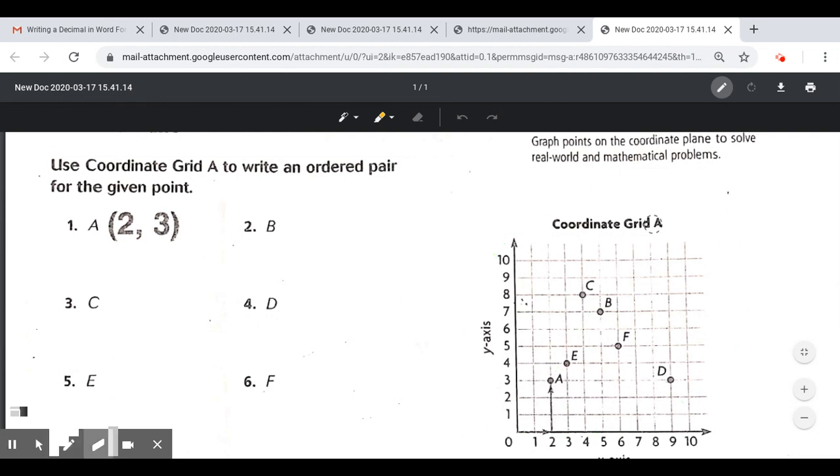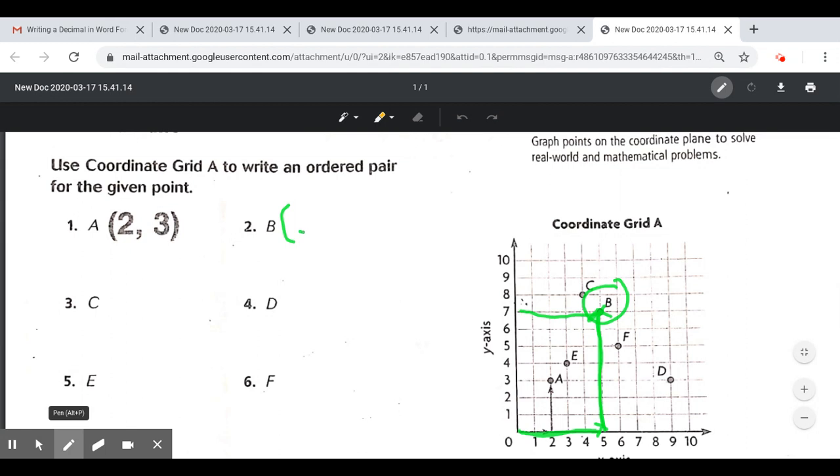All right, so number 2 is point B. I'm going to look for that over here. It's right there, and I'm going to look at the location of it. I can draw my lines there, and I can see that I went over 5 and up 7 to get there.